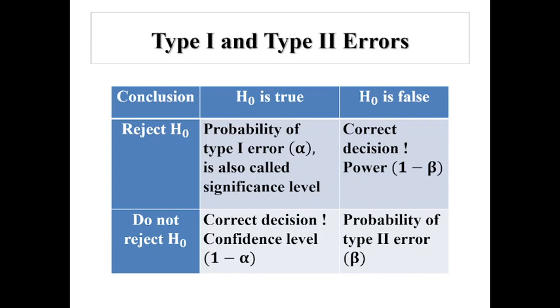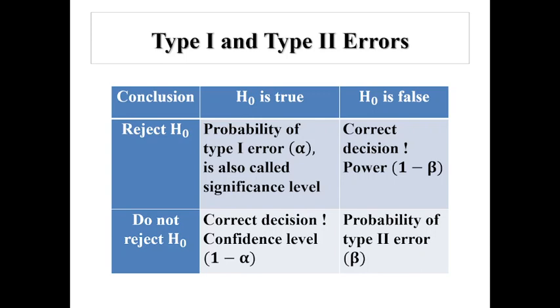Okay? And this is what we have another term for, called confidence level. It is 1 minus alpha. So alpha is a probability, and the whole situation here is under the null hypothesis being true. So this is a probability, and this one is 1 minus alpha.